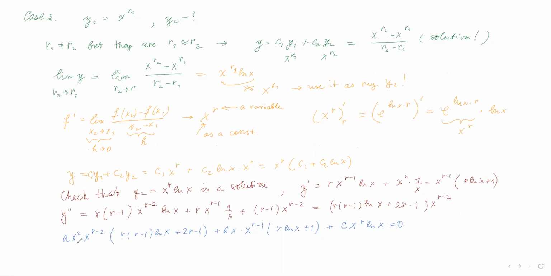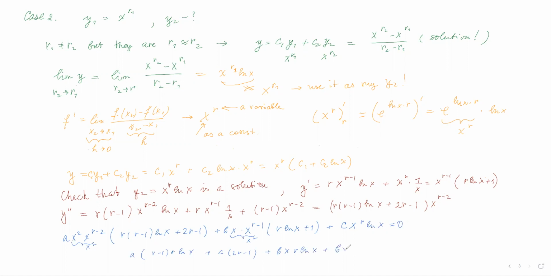So now what I see is that this one is x to the power of r, this one is x to the power of r, and this one is just x to the power of r. So we can take it outside, and what is inside of parentheses is going to be a r minus 1 r ln of x plus a 2r minus 1. I'm just opening parentheses a little bit, plus bx r ln of x plus b.